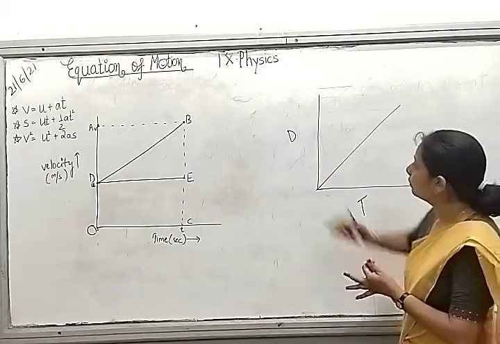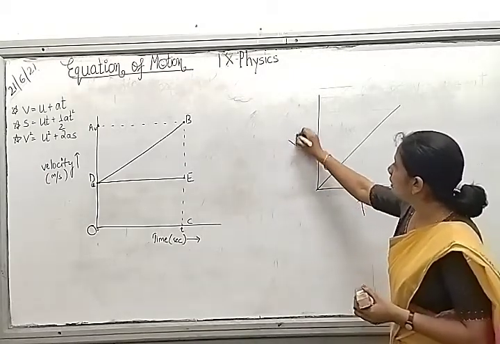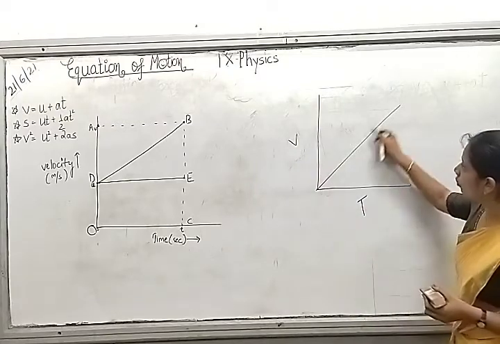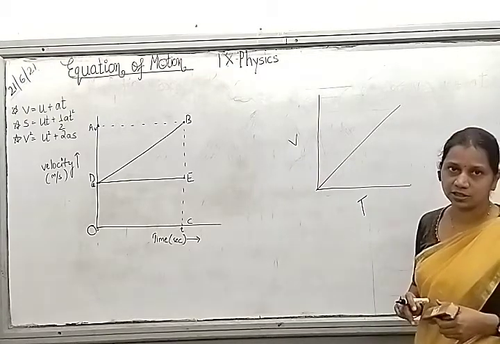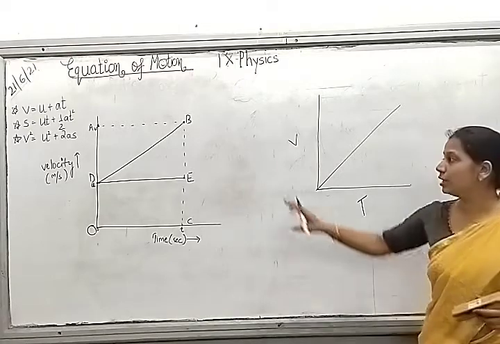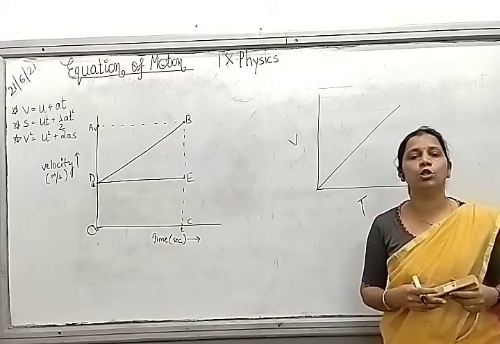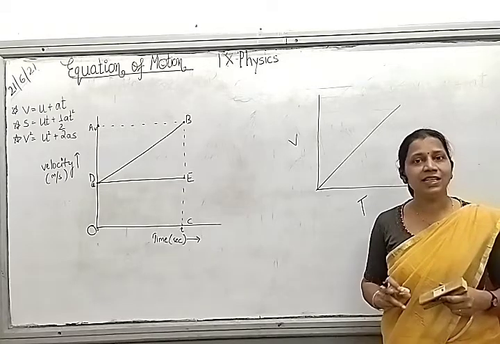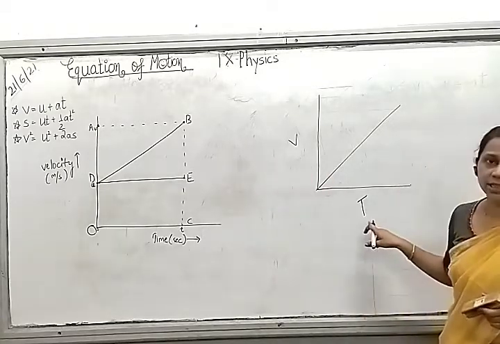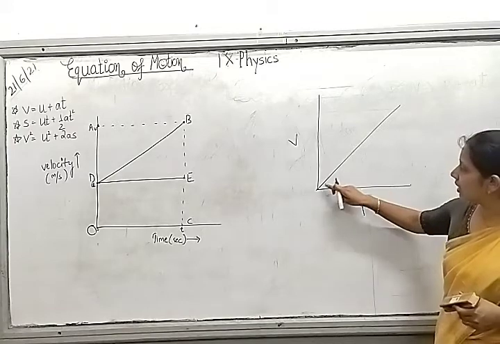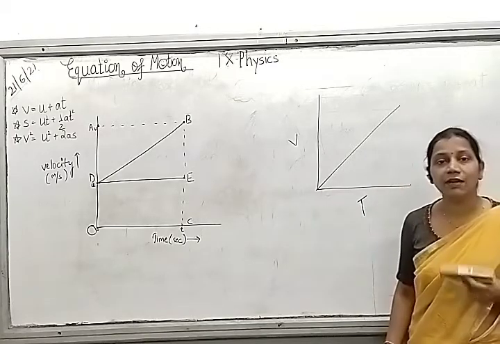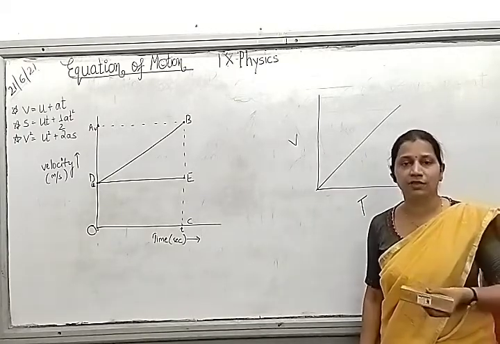If you have a velocity-time graph, using its slope you can find acceleration. And to find distance using a velocity-time graph, the area covered by this line gives you the distance covered.